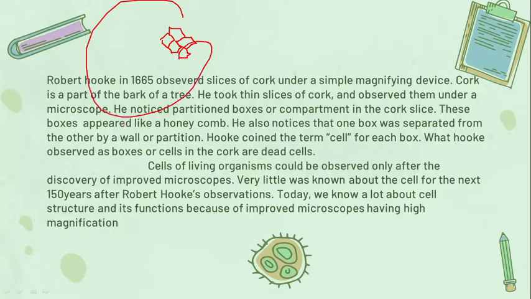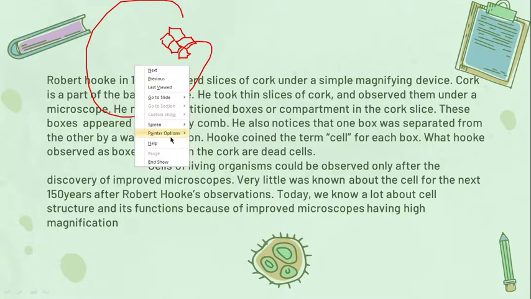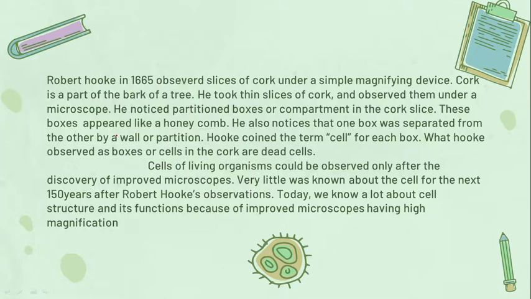He also noticed that one box was separated from the other by a wall partition, like bricks. So he coined the term cell. As they were like a honeycomb with many compartments in the cork slice, he termed each box a cell.